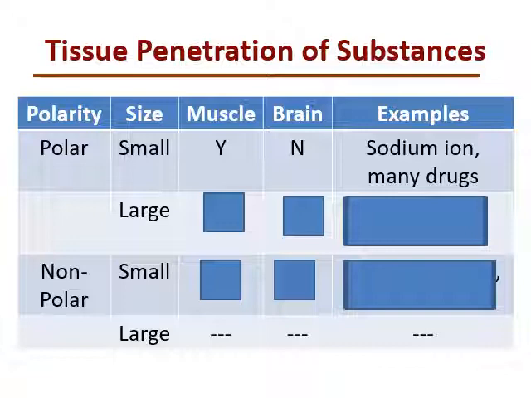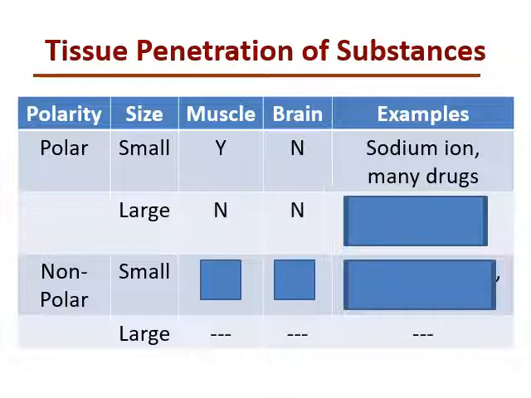Okay, so now let's look at polar large molecules. Can they get into something like muscle? Now remember, these have to fit in between the capillaries. So if it's a big molecule, no, it can't. And we already know that these polar molecules cannot get into brain. What are some examples?